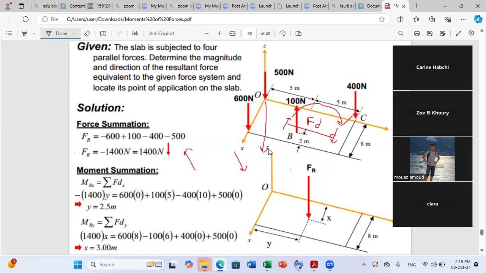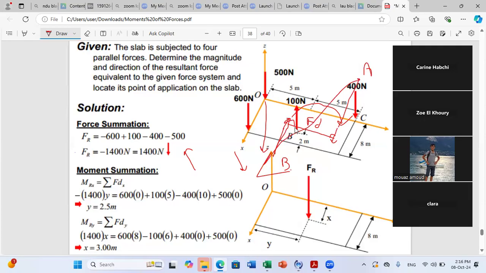But you can also use vectorial or cross product. If you want to use cross product here, you can take any vector. If you have any point A on this line, and you know any other point B on the opposite force, you can take vector AB cross this force F. Here you don't have to take the perpendicular distance.